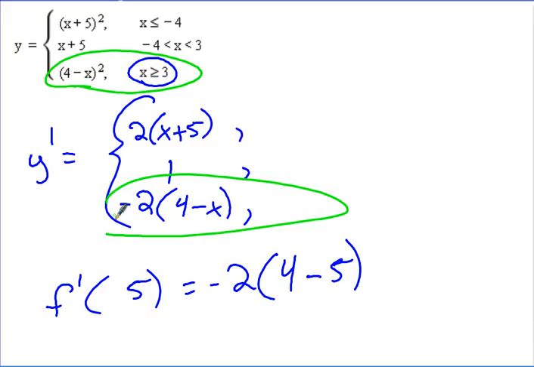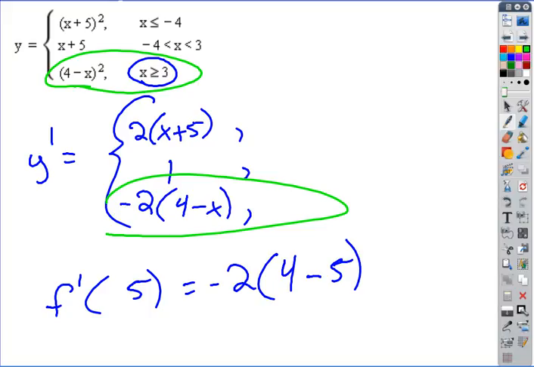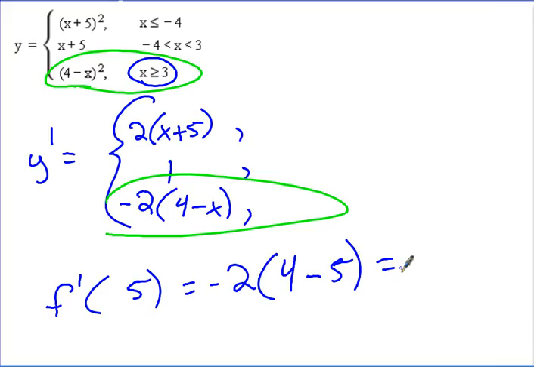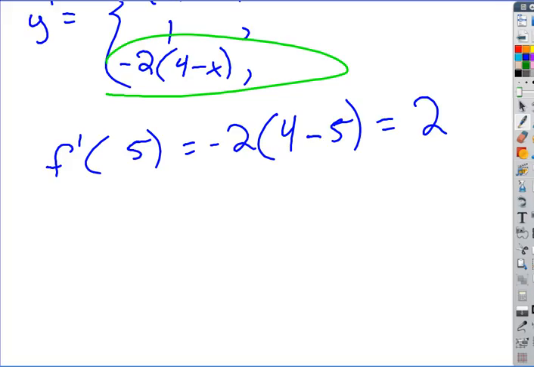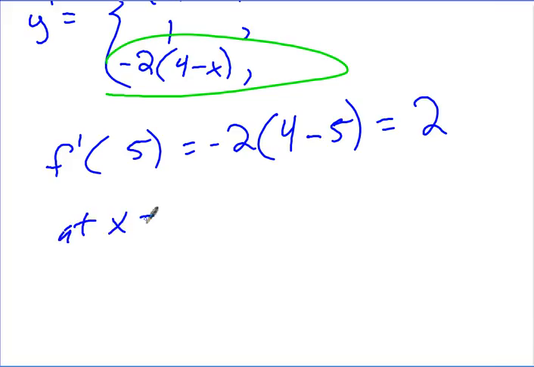So if I want to evaluate the derivative, y prime at x equals 5 is just 2 times the quantity negative 2 times the quantity 4 minus 5. And so I get an answer of positive 2.